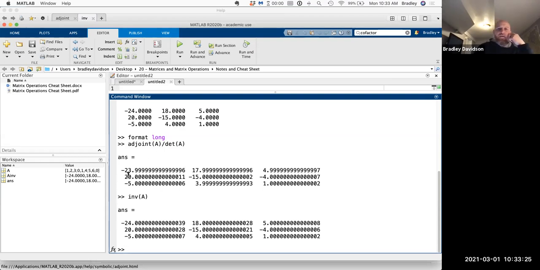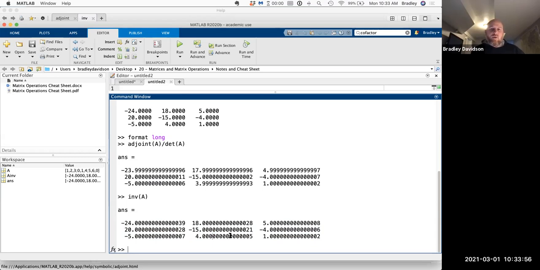You can see here, the first one is using the adjoint divided by the determinant, and the second one is using a method called LU decomposition or LU factorization, which we don't have time to address in this class. You would see it in probably the next level of numerical methods, and you'll be able to see why there are differences here, and also differences in speed.